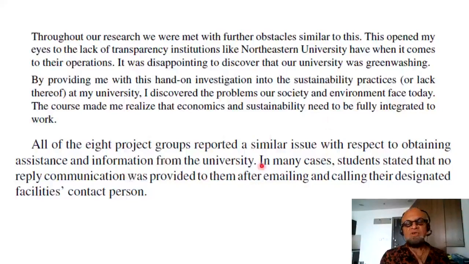All of the 8 project groups reported a similar issue with respect to obtaining assistance and information from the university. In many cases, students related that no reply communication was provided to them after emailing and calling their designated facilities contact person.